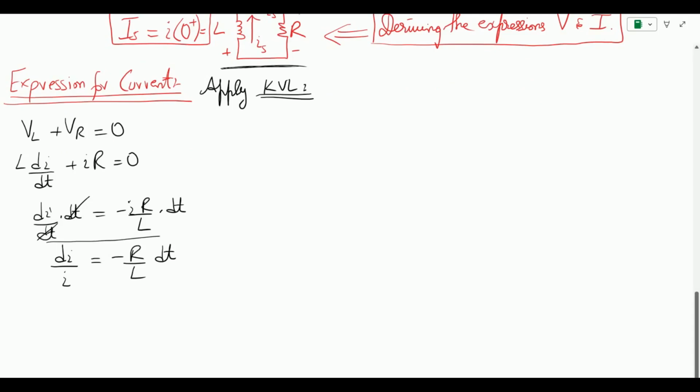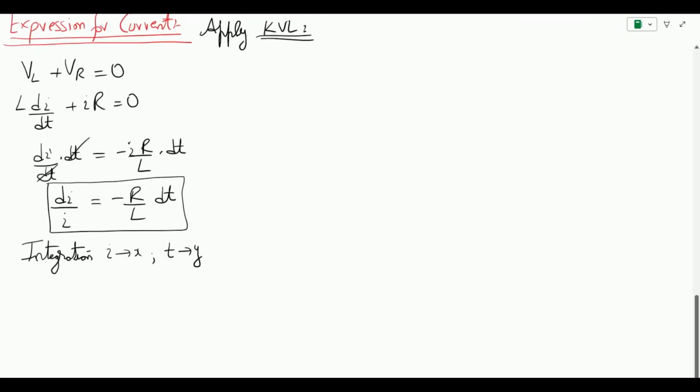So now we are going to integrate this equation, and in integration I'm going to change the variables I and t. So I will be changed to x and t will be changed to y. So in order to keep the nomenclature of integration, my integration will be in terms of dx by x equals minus R by L dy, R by L being the constant.